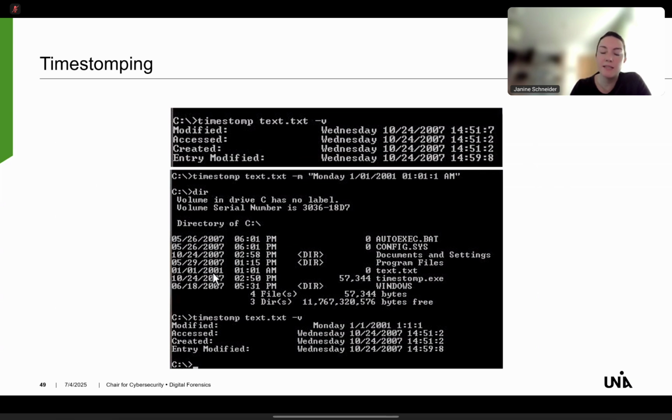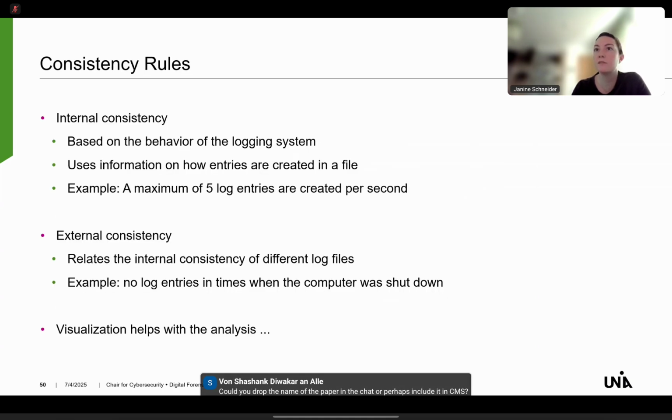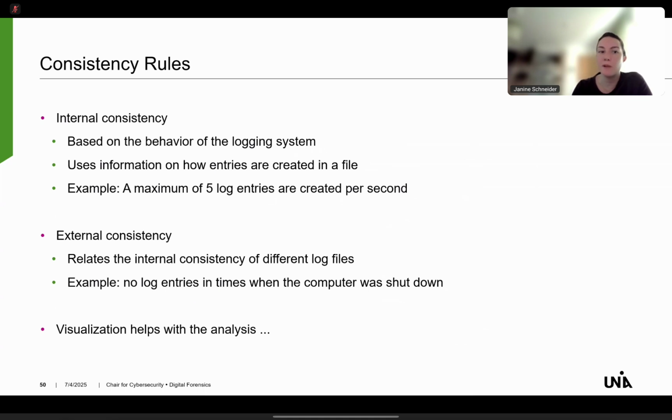The recognizability of tools like timestomp increases with the extent of the use. The heavier timestomp was used, the easier it is to recognize. So just be aware that something like that exists, and that there is also research on how to find it. I can certainly drop the name of the paper.